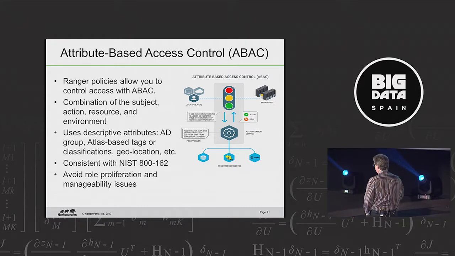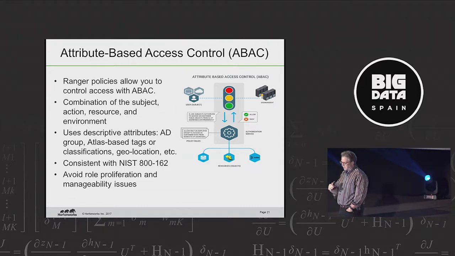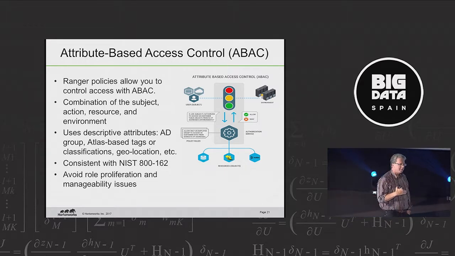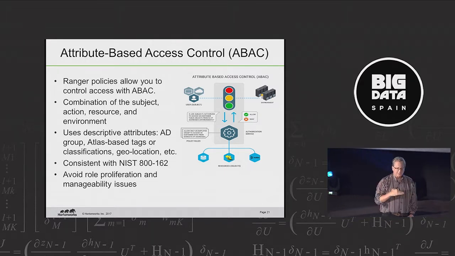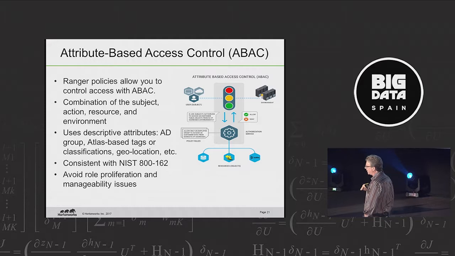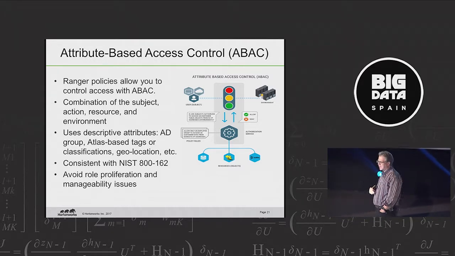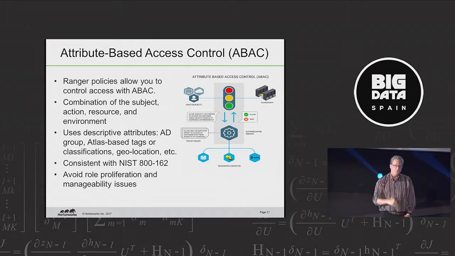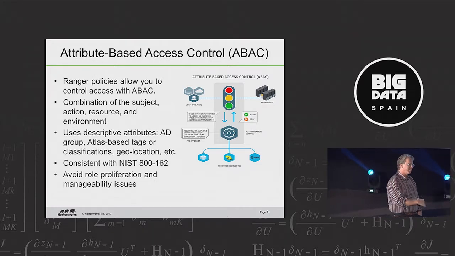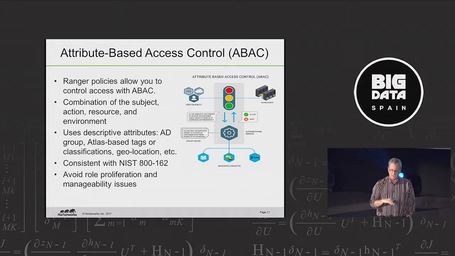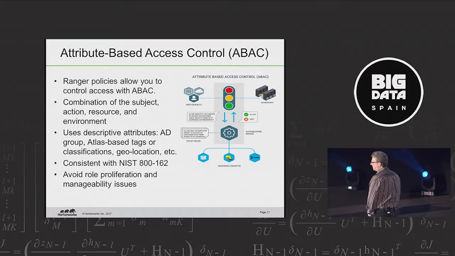Okay, so what does Ranger let you do that's finer grain? Ranger has this attribute-based access control, and that really lets you decide who has access based on who's doing it, what the environment is, what the time is, where they're doing it from, and you can make policies based on all of that.